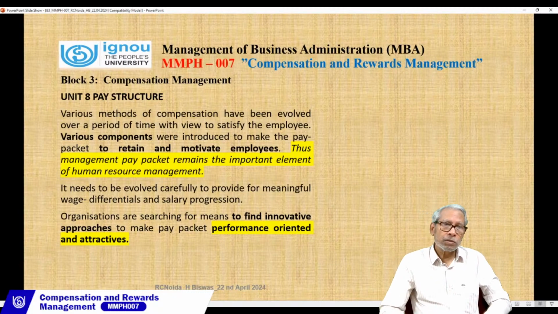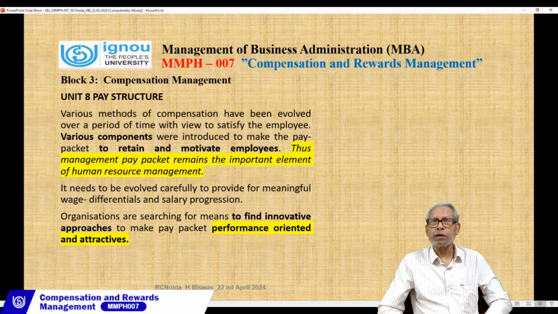It needs to be evolved carefully to provide for meaningful wage differentials and salary progressions. Organizations are searching for innovative approaches to make the pay package performance oriented and attractive, because in most production oriented companies, product manufacturers, automobile sectors, power sectors and some other sectors, incentives are given based on performance.